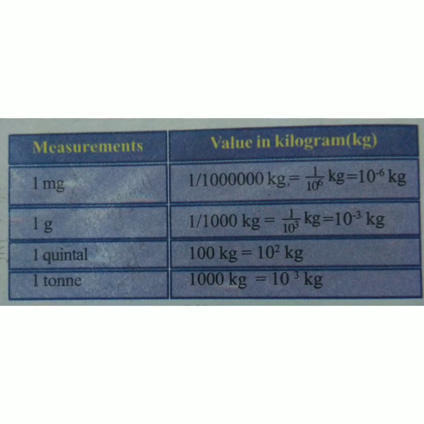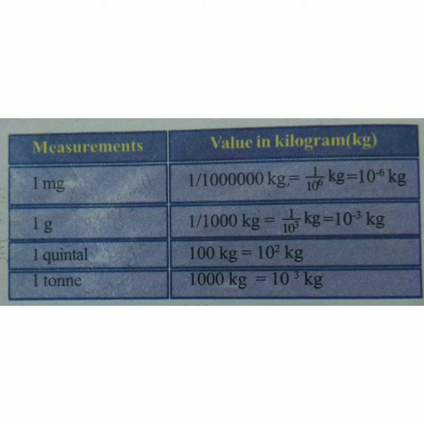There are many other units that are used to measure mass. Some of them are given here. 1 milligram is 1 by 10 raised to 6 kilogram or 10 raised to minus 6 kilogram. 1 gram is 1 by 10 raised to 3 kilogram or 10 raised to minus 3 kilogram.